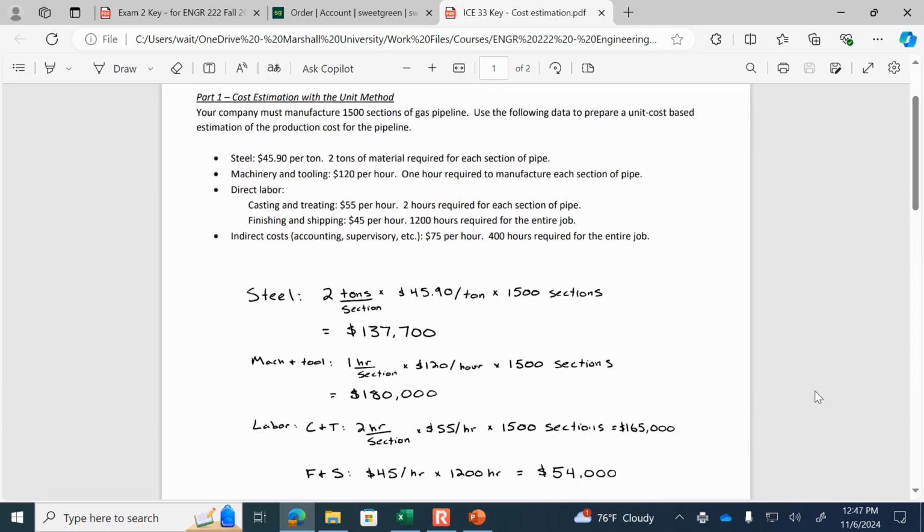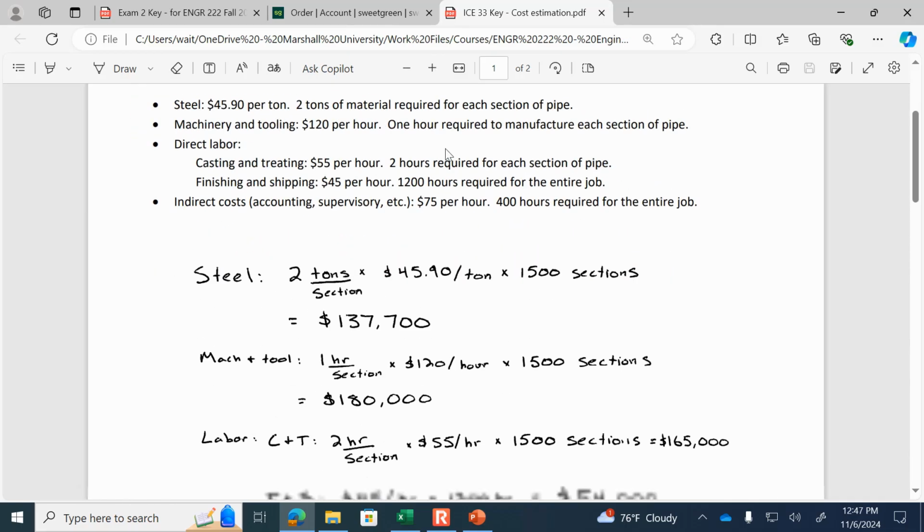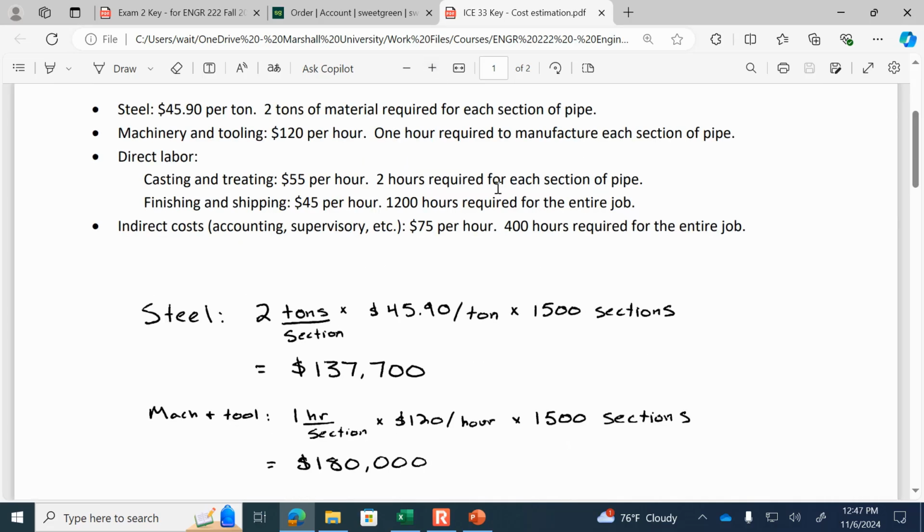If we use the unit method to find out how much this gas pipeline is going to cost, then it looks like the steel is $137,000. The machine and tooling, $180,000.